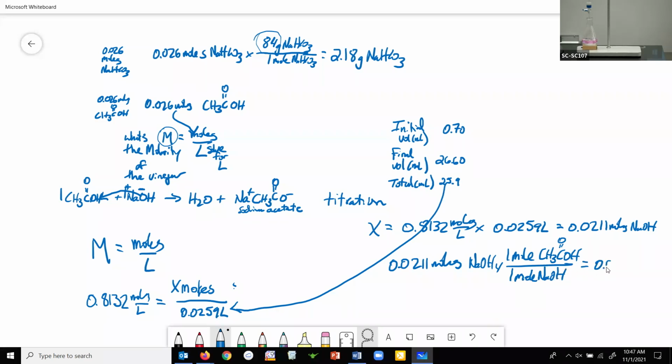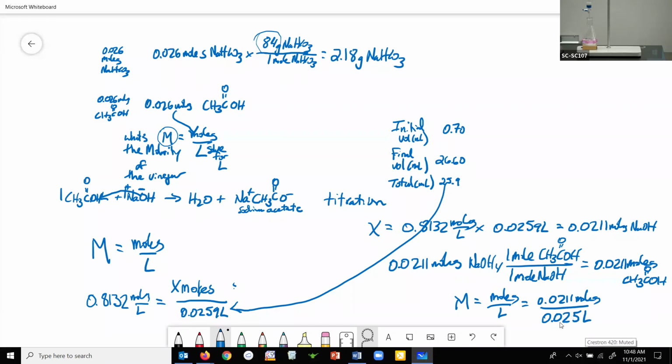So there must be 0.0211 moles of vinegar. Molarity is moles per liter. I know there are 0.0211 moles of vinegar in every 0.025 liters of vinegar.